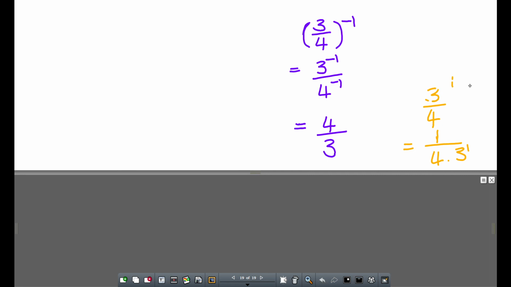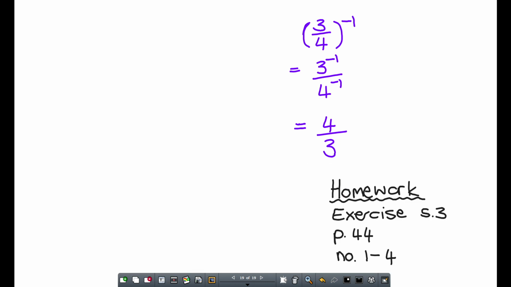Okay. Right. So your homework will be exercise 5.3. That's on page 44. You do number 1 up until 4. Now, it says at the exercise, simplify the following. So when you get to something like this, have a look.